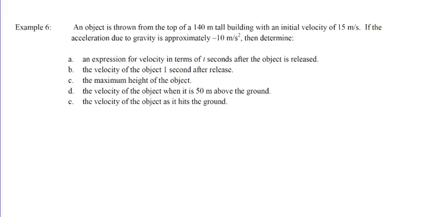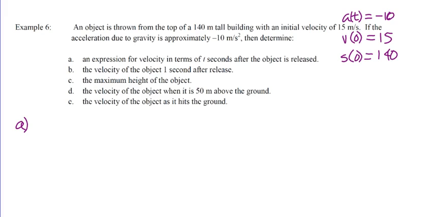All right, so we know what? v of 0 is 15. s of 0 is 140. And a of t is negative 10. So little a, an expression for the velocity in terms of t seconds after the object is released.